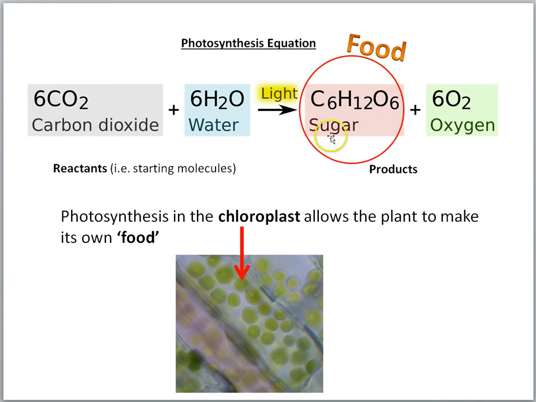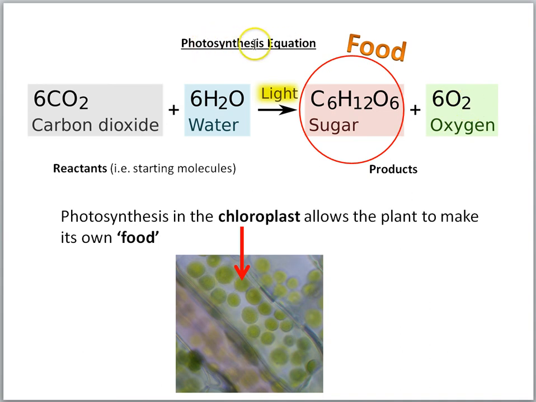And of course, the main point of doing photosynthesis is to build this molecule right here. It's glucose. And its formula is C6H12O6, so there are 6 carbon atoms in the molecule, 12 hydrogen atoms, and 6 oxygen atoms. And notice over here we have oxygen. 6 oxygen molecules are released as a waste product of this chemistry.